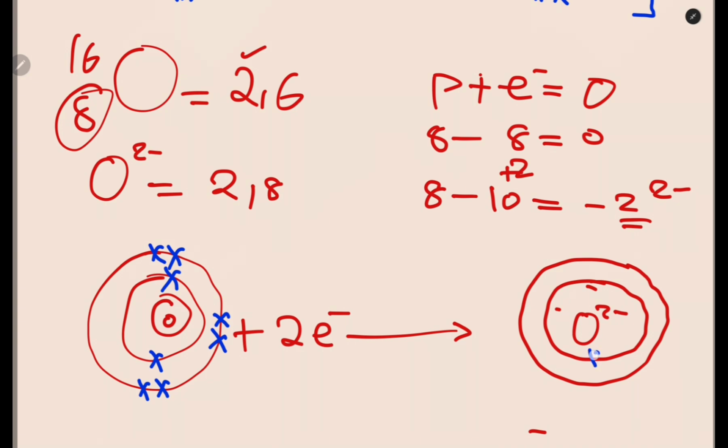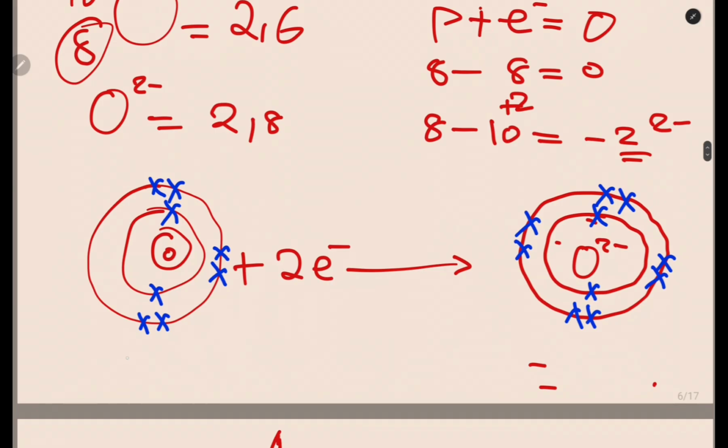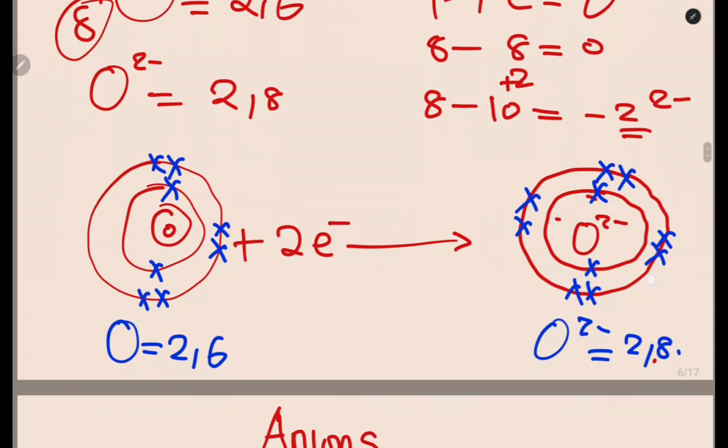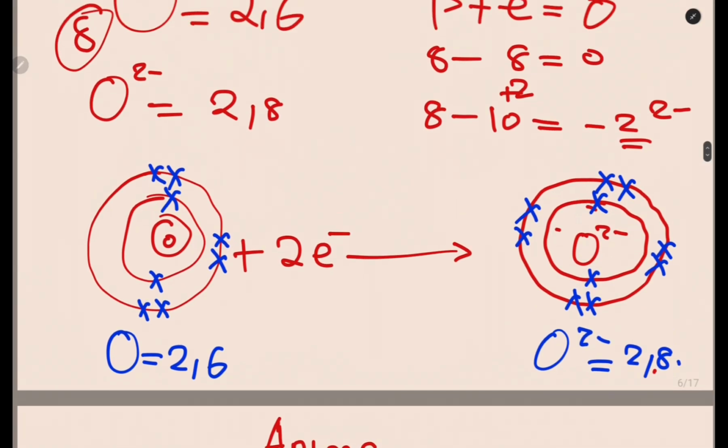The configuration of oxygen is 2, 6, and for the oxygen ion it is 2, 8. So please, these changes are very important where exams are concerned.